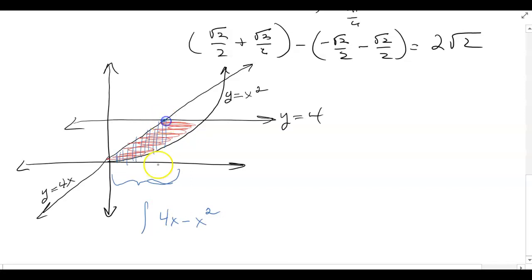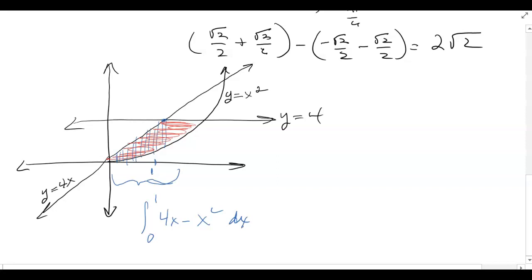I'd have to figure out that point, but that's pretty easy to figure out. That's just where y equals 4x and y equals 4. That's just going to be 1. And that's going to go from 0 to 1.